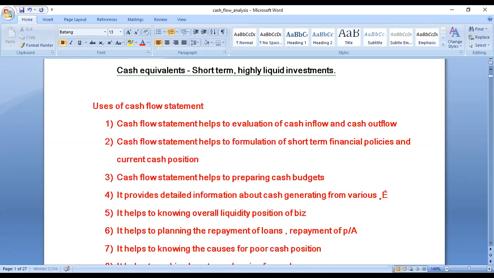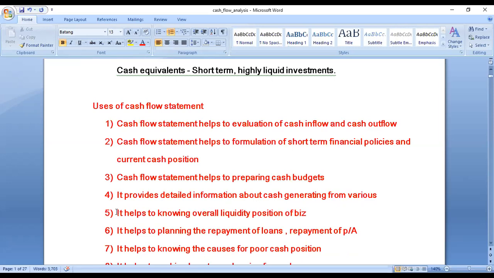To know the detailed information of various resources available in the organization, the cash flow statement will be helping. After that, it provides detailed information about cash generated from various resources.